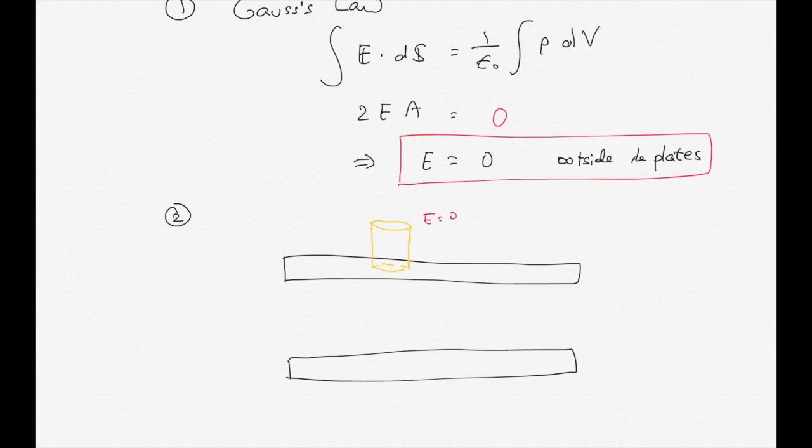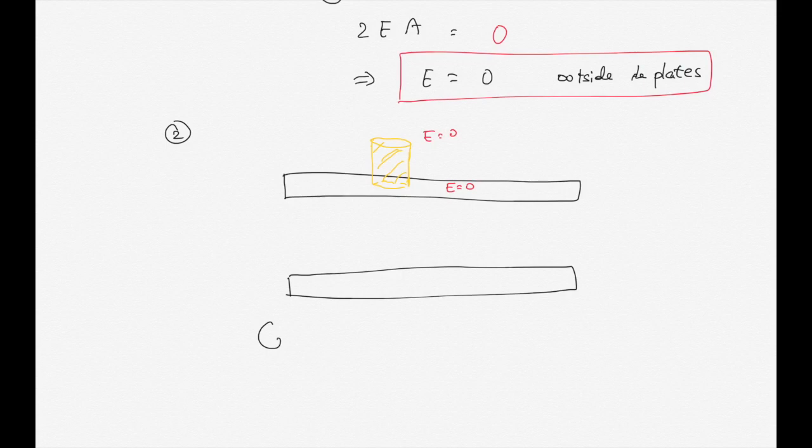And of course, inside of a conducting plate the electric field is 0, because if the electric field exists, charge easily moves under the electric force until the electric field becomes 0. So the electric field inside of conducting material is 0. So in this case, the electric field is always 0 inside of this cylinder.